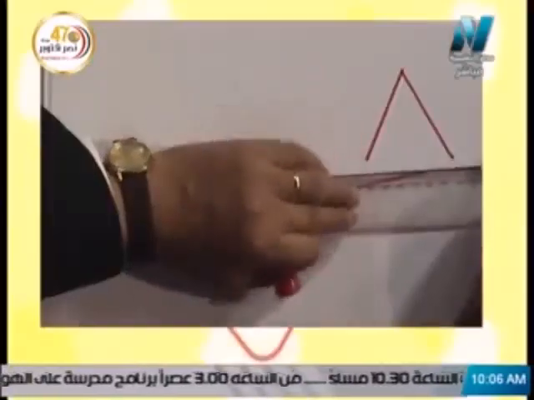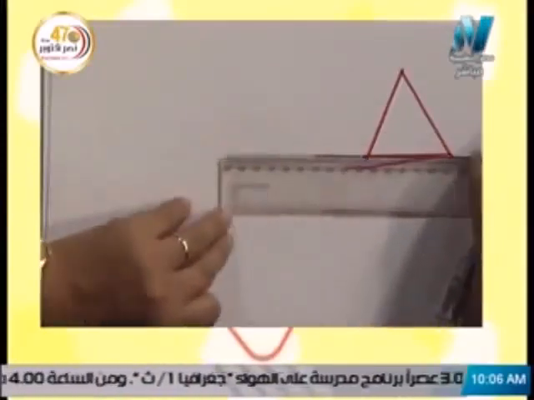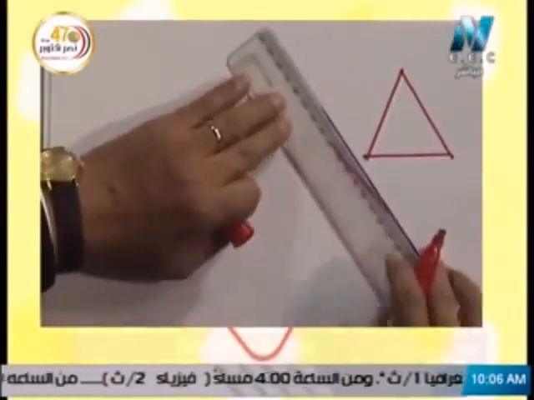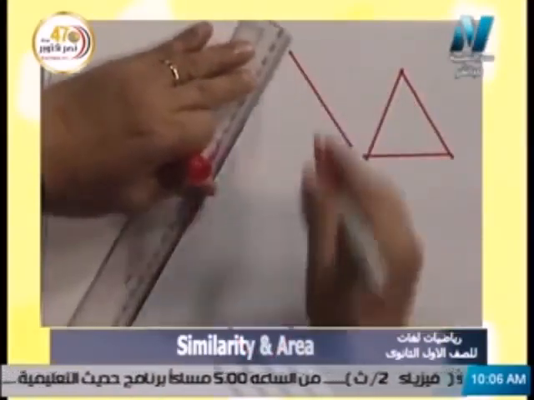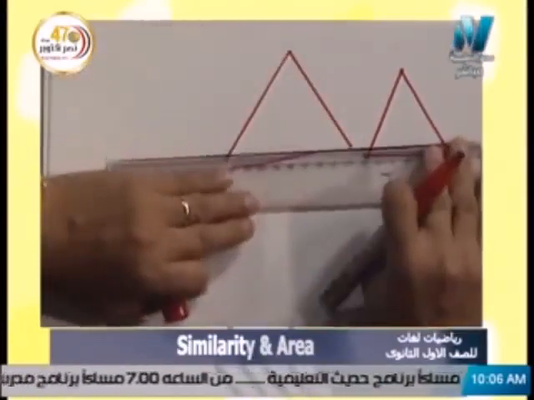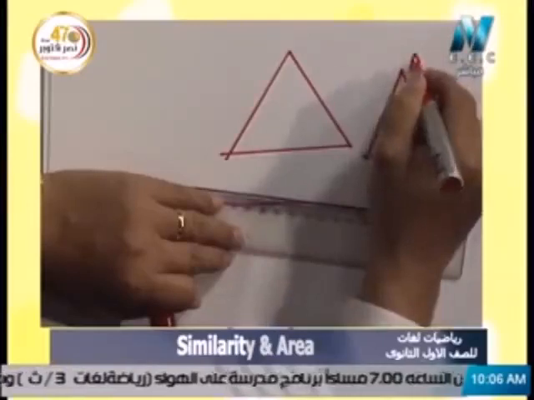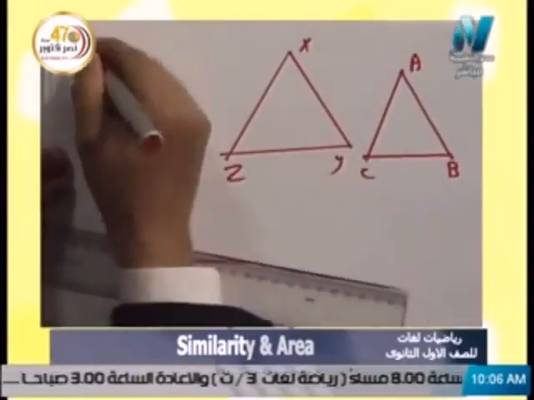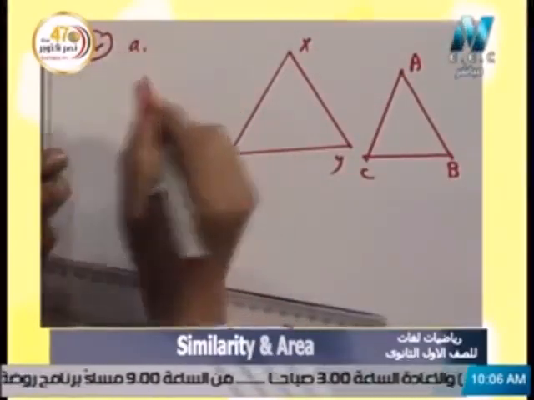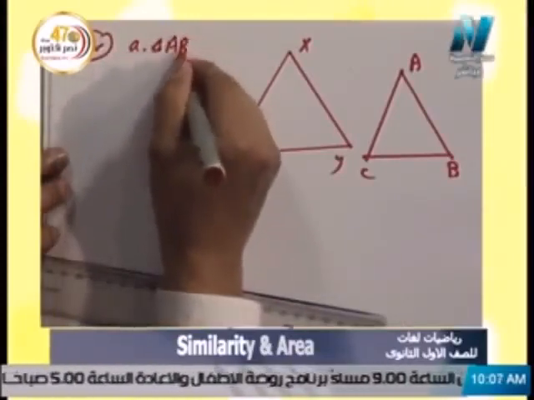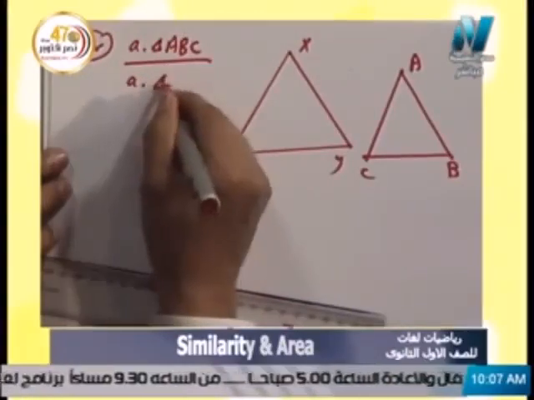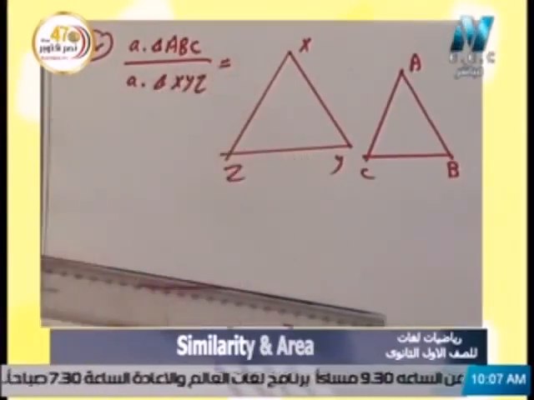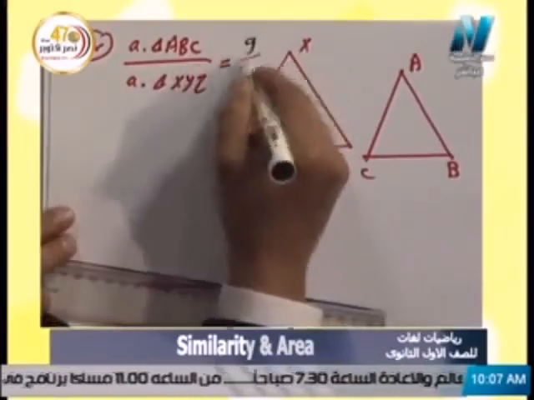If we have two triangles here like that, triangle ABC and another triangle XYZ, which is bigger than the first triangle, the area of triangle ABC to the area of triangle XYZ equals 9 over 16.